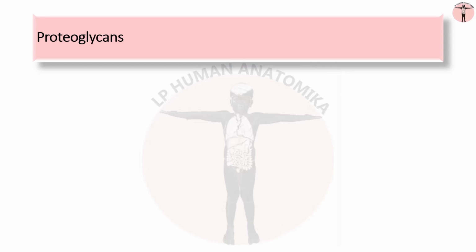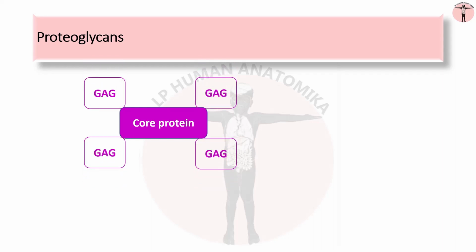Proteoglycans are large molecules consisting of a core protein to which various numbers and combinations of sulfated GAGs are attached. However, amongst the different glycosaminoglycans, hyaluronic acid, which is a non-sulfated group, does not bind to the core protein and hence does not form proteoglycan.